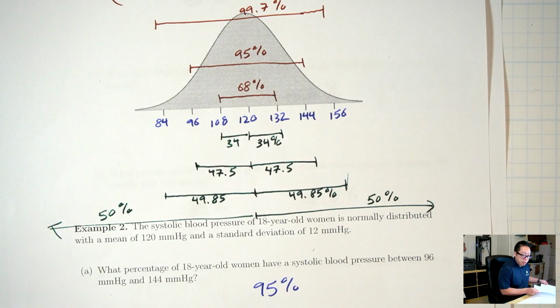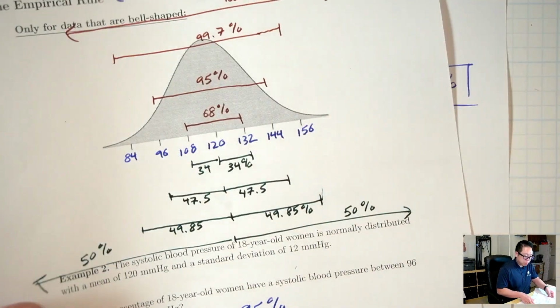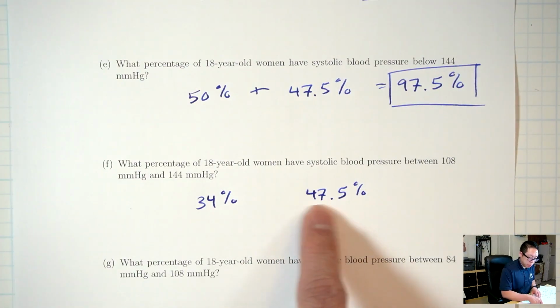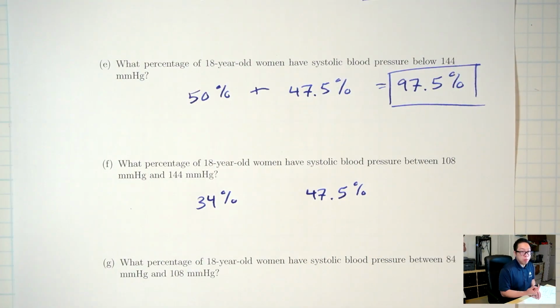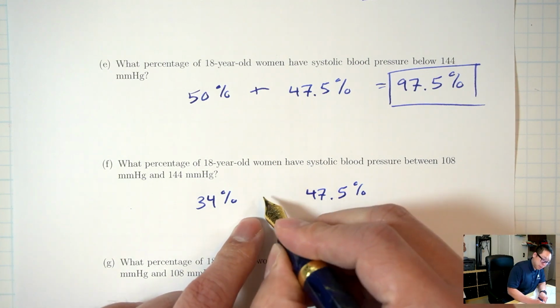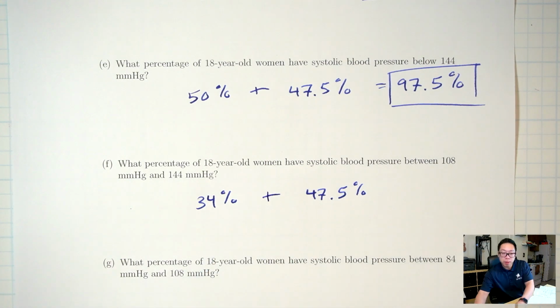If you were to subtract 47.5 minus 34, you'll get a small percent, which doesn't match the picture, or what you expect the answer to be. We do expect the answer to be kind of big, so we should add. So 34 plus 47.5 is 81.5.